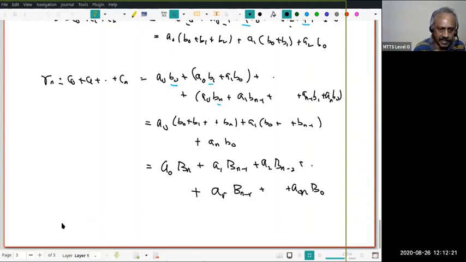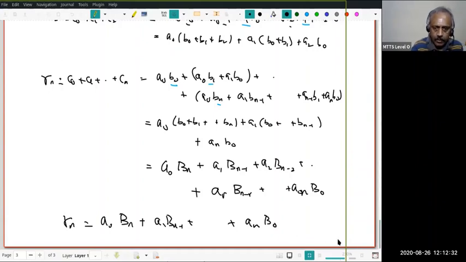Now we are rearranging terms, so let me write it separately. Gamma n is A naught Bn plus A1 Bn minus 1 plus up to An B naught. Right? Now what is it that I want to prove? I want to prove this converges to AB. That means I have to estimate mod gamma n minus AB. But do I know how to estimate that?